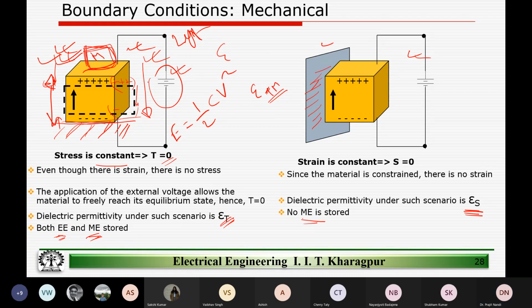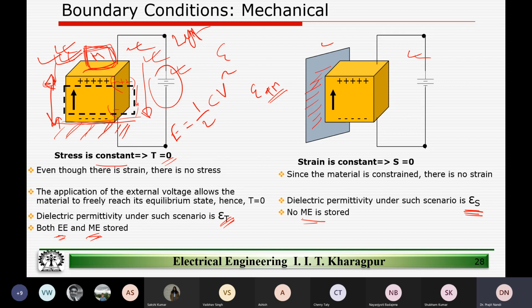We have also discussed how the charges are going to accumulate, whether they increase or decrease. So essentially, we are storing the energy in two forms, mechanical as well as electrical.